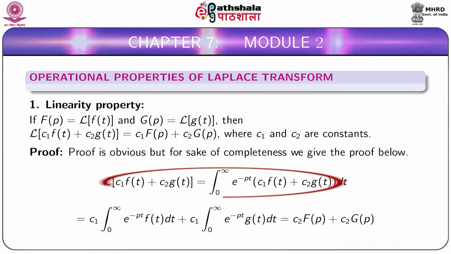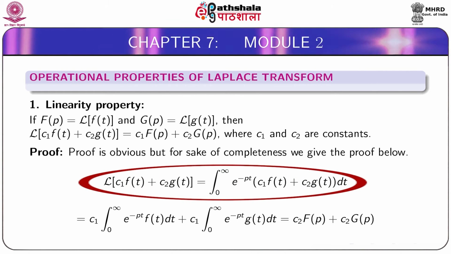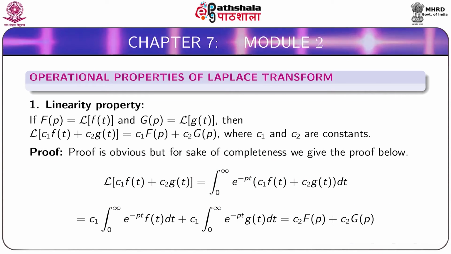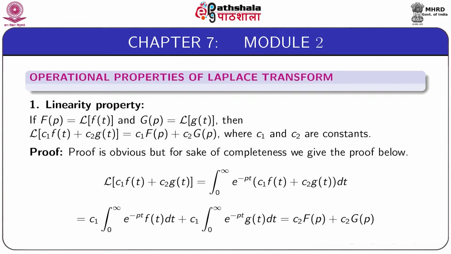Laplace transform of C1 f(t) plus C2 g(t) is given by the integral from 0 to infinity e to the power minus pt into C1 f(t) plus C2 g(t) dt.